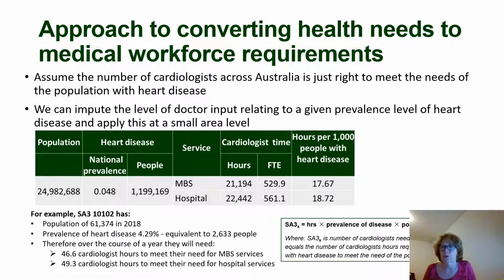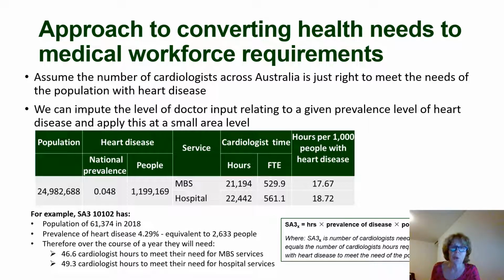The National Workforce Survey provides information about how much time doctors spend in delivering hospital care versus MBS reimbursed activity. And this allows us to split the currently available number of cardiologists between the two settings. So we can make an estimate of the full-time equivalent number of cardiologists devoted to hospital care versus MBS activity.